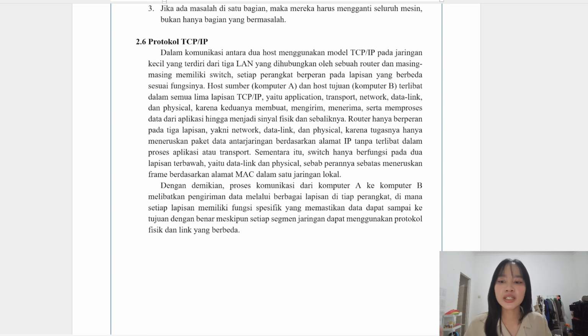Thus the communication process from computer A to computer B involves sending data through various layers in a device, where each layer has a specific function that ensures the data reaches its destination correctly, even though each network segment may use different physical protocols and links.